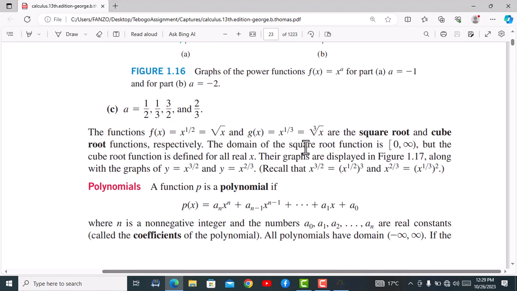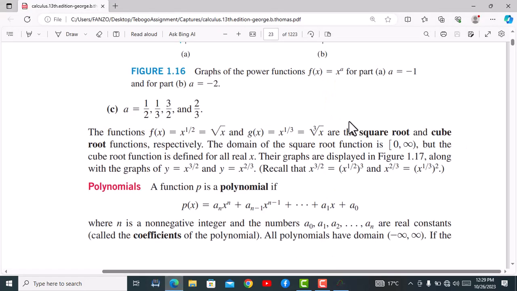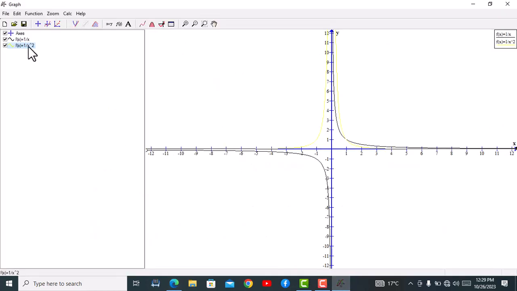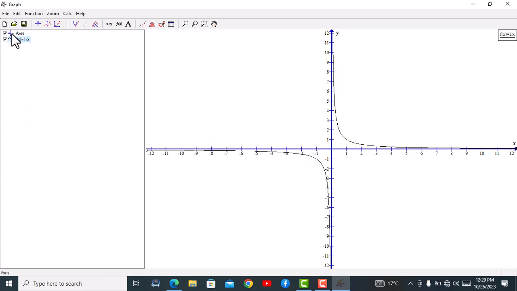The domain of the square root function is 0 to positive infinity. Let's check that. Let me just come here. y = the square root of x. Let's investigate that. Let me delete these ones.